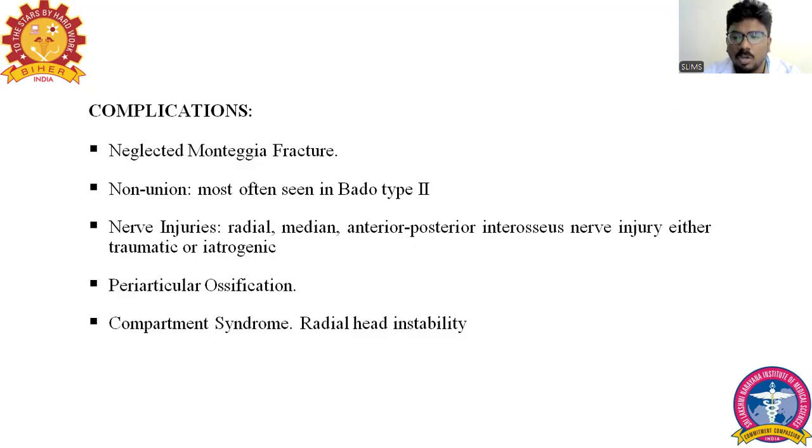Compartment syndrome is also not very uncommon, as any vascular injury or profuse swelling around the elbow will cause compartment syndrome due to radial head instability. Compartment syndrome itself will cause ischemic necrosis of the vascular neural structures and muscles present over the elbow, leading to Volkmann ischemic contracture.